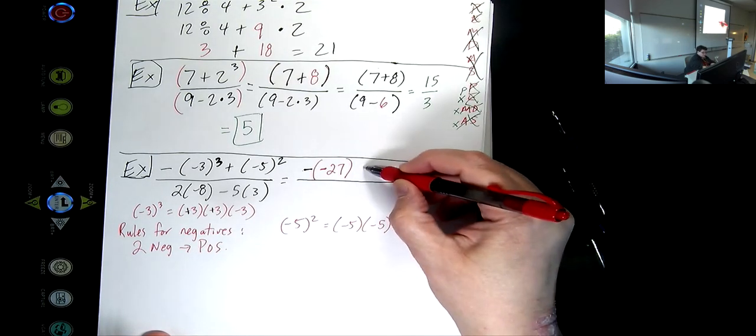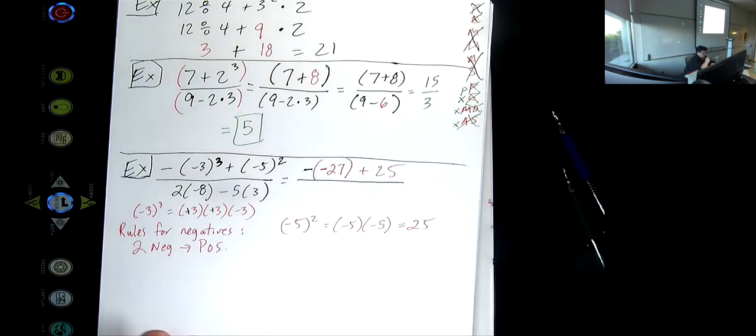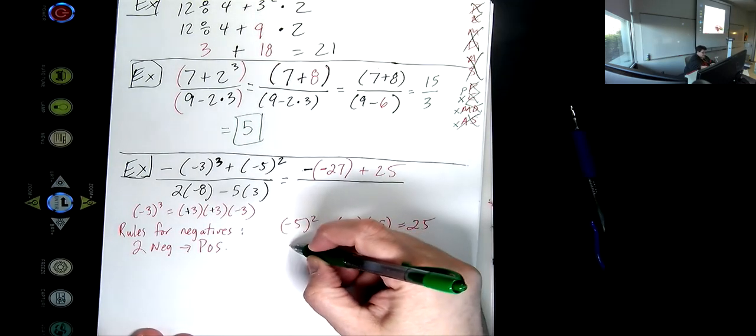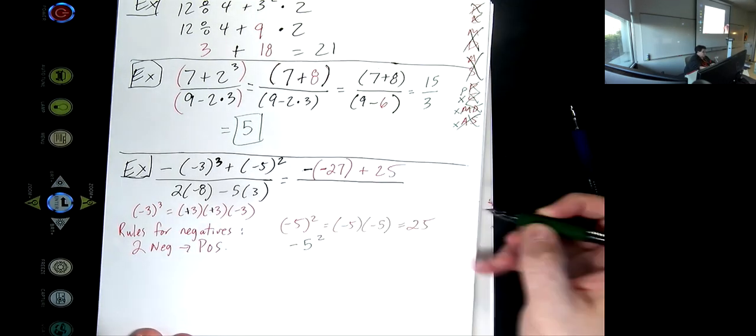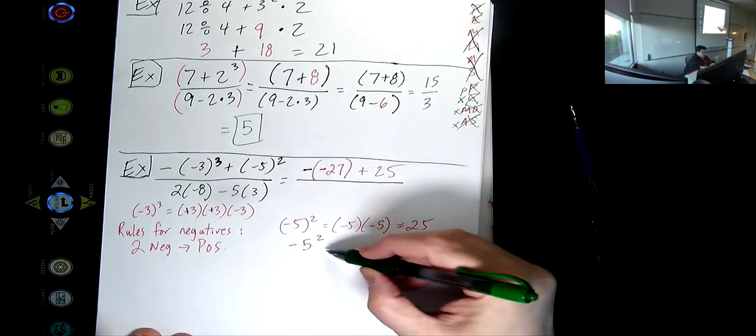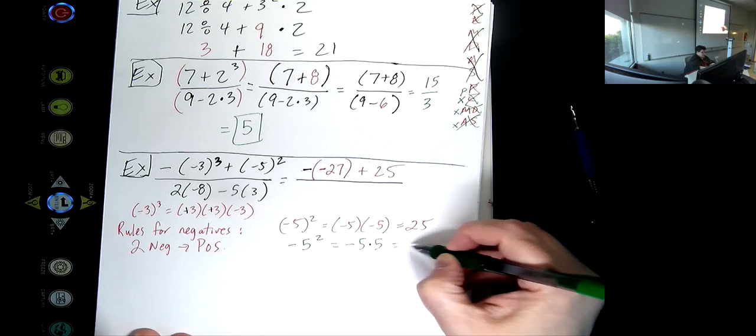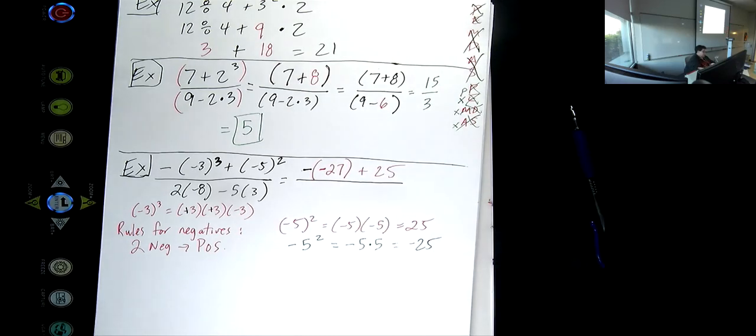So I'll have plus 25. It's important to note the difference here with having the parentheses in. If I just had -5 squared like that, here the square is only on the 5. That is -5 times 5. That's -25. So the parentheses really matter. They're important.